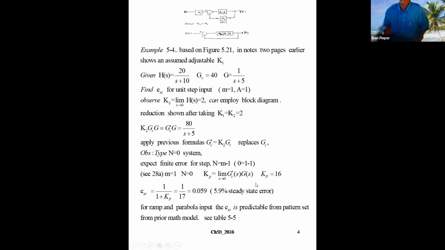In this case, the GCG didn't have a pole at S equal to 0, so it was a type N equal to 0 system. And I believe the input in this case was a step input, in fact, a unit step input, A equal to 1. And that's exactly the right condition for a finite error, not 0, but finite. And then, of course, that's because 1 minus 1 is 0.